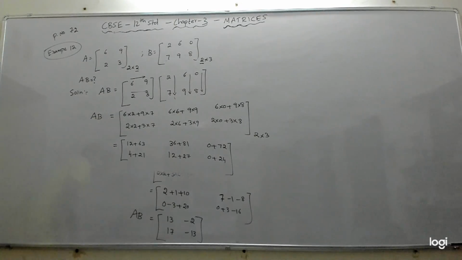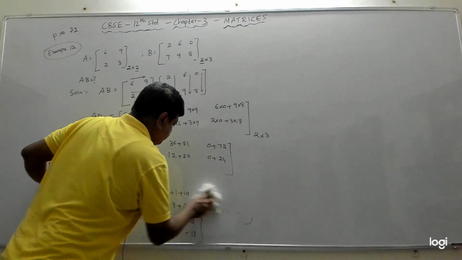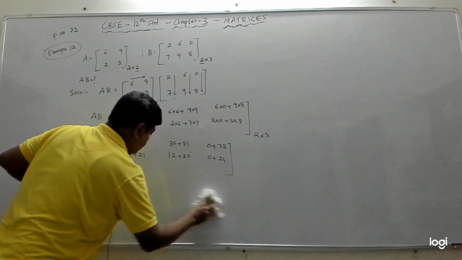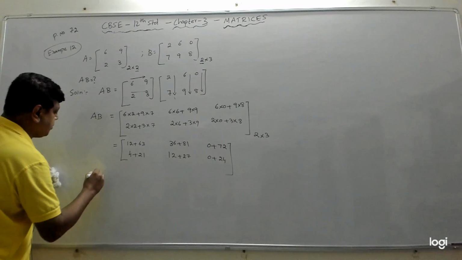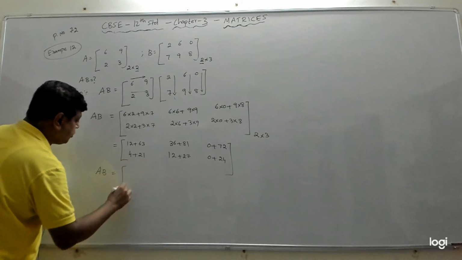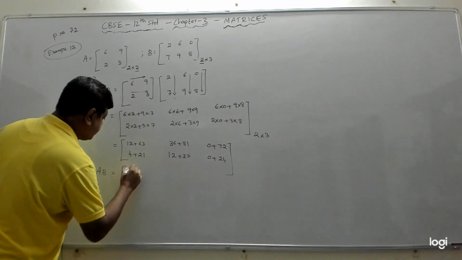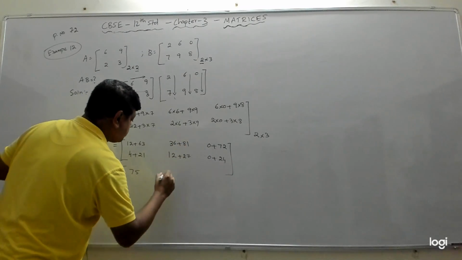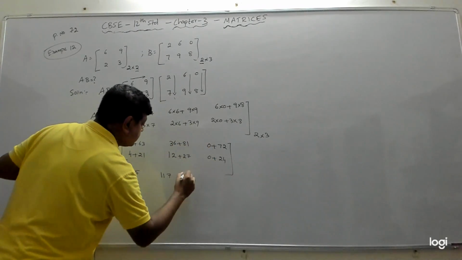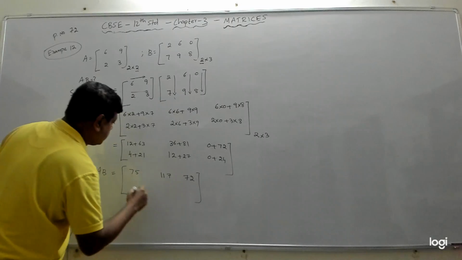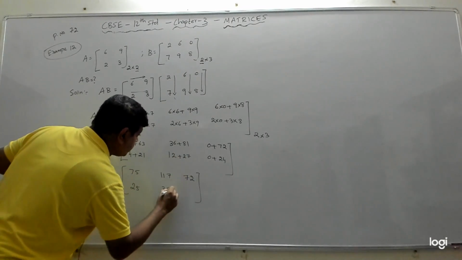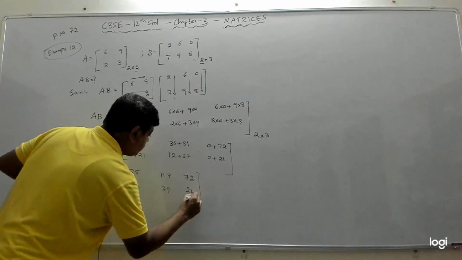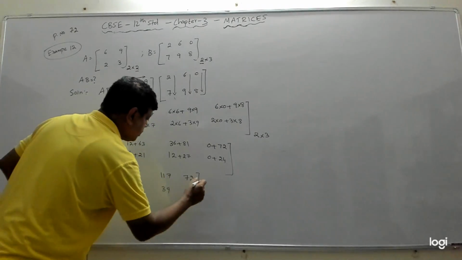If you add all of them, the final answer is the AB matrix. If you add these two, you get 75. You add these two, 117. This is 72. This is 25, this is 39, this is 24. That is your AB. Obviously, the order is 2 cross 3.